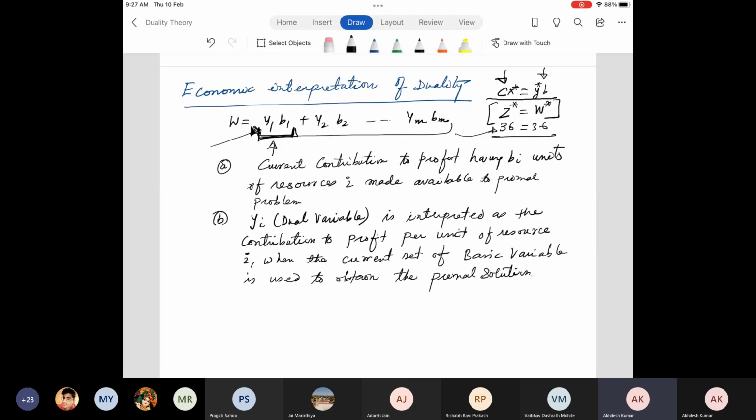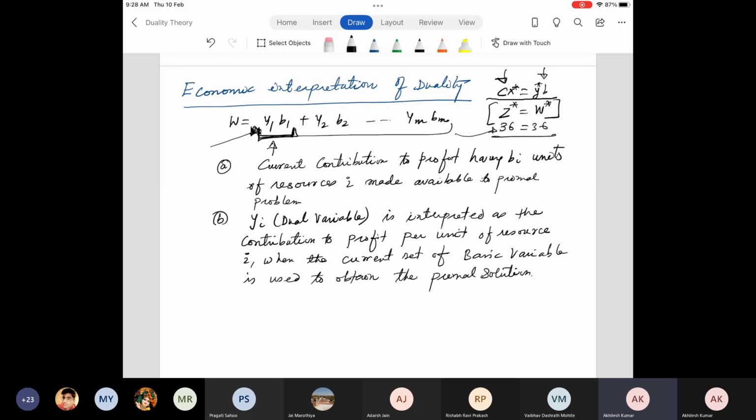So think of it as, suppose you have purchased some machine. Now you are running the machines hourly, that costs you something, and based on that you are producing some product and selling it in the market.